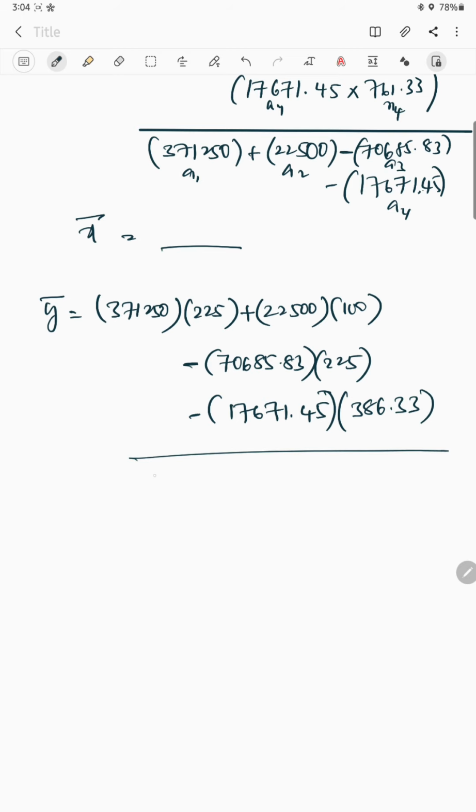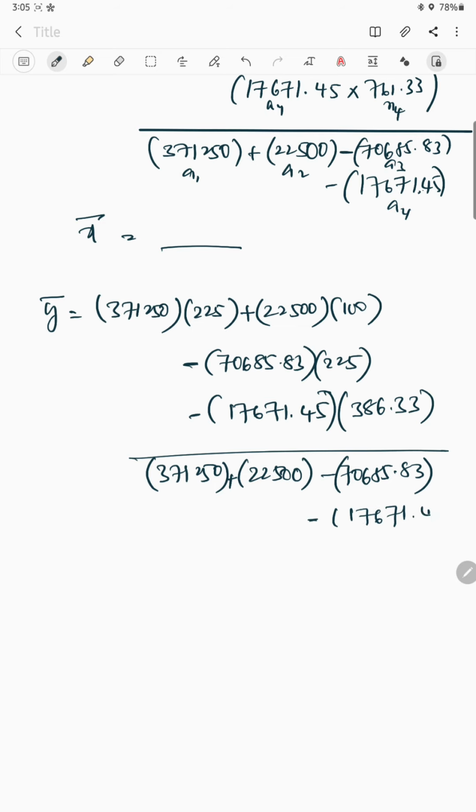386.33 whole divided by 371250 plus 22500 minus 70685.83 minus 17671.45. So once you solve this one, you will get the answer. So this is a1 y1, a2 y2, a3 y3, a4 y4.